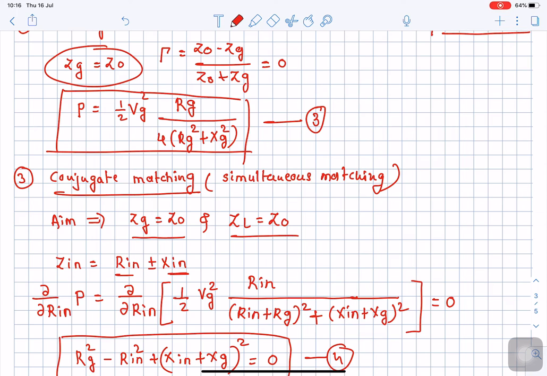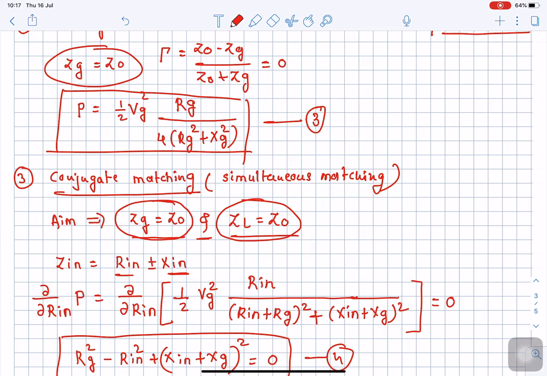So, simultaneous matching. The third case is very important, and it is of special concern for us. In the third case, the aim is to match the generator impedance with the characteristic impedance of the transmission line, and please remember, we need two conditions: we also want to match the load impedance with the characteristic impedance of the transmission line.